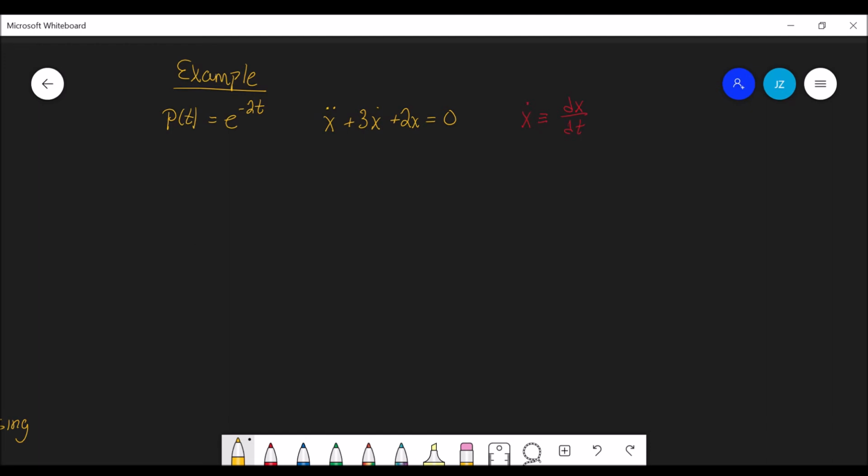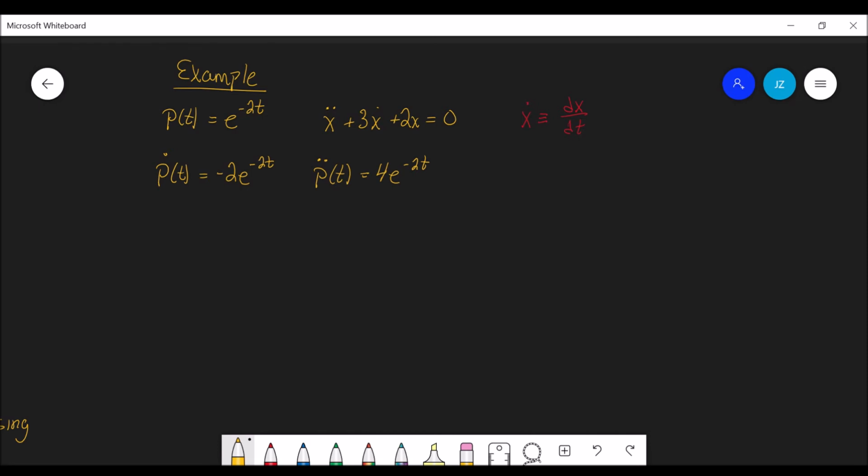So, take the first derivative of p. We get negative 2e to the negative 2t. Take the second derivative of p. We get 4e to the negative 2t.